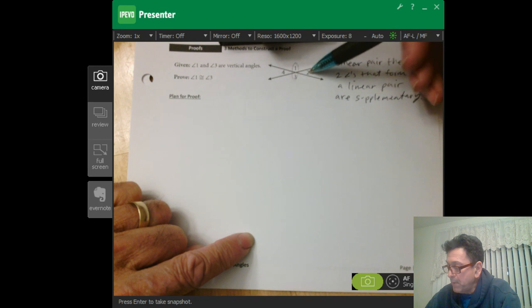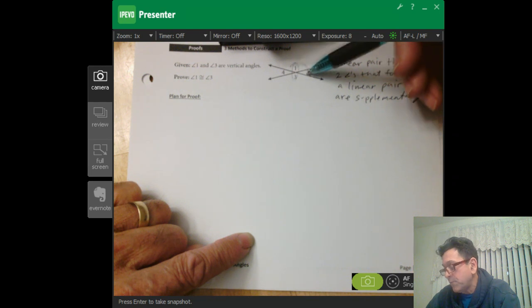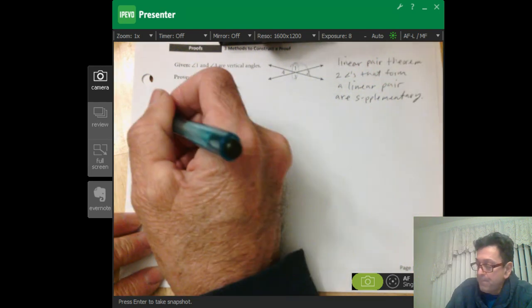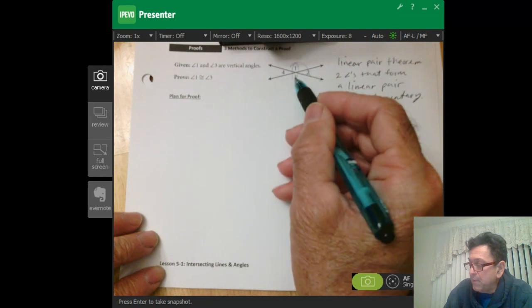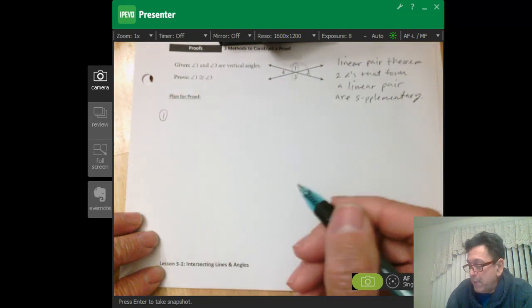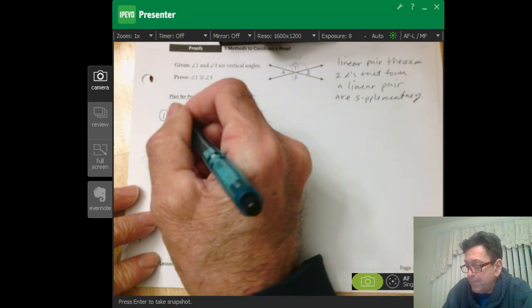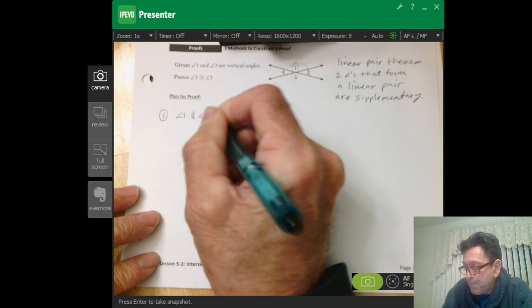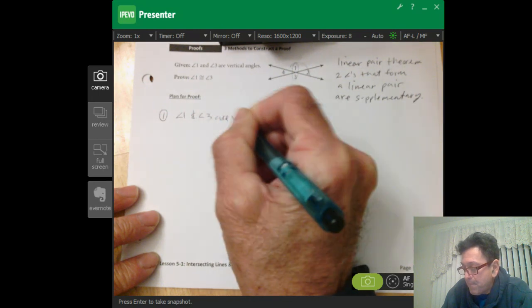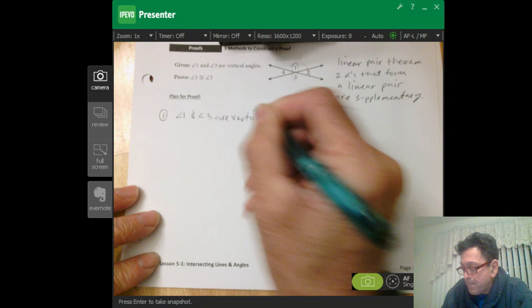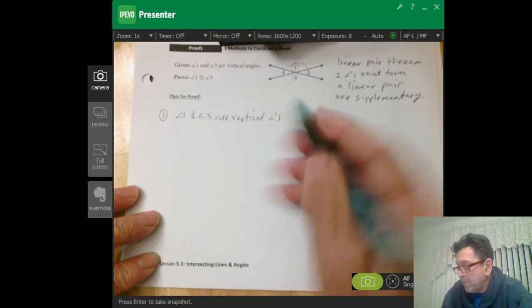Now, what we do know is we have four angles that are formed by these two intersecting lines. And we know something about any two of these that are adjacent. So angle 1 and angle 2 form a linear pair, and angle 2 and angle 3 form a linear pair. I'm going to start writing down what we know first of all. Angle 1 and angle 3 are vertical angles.